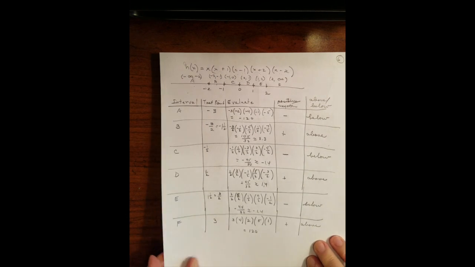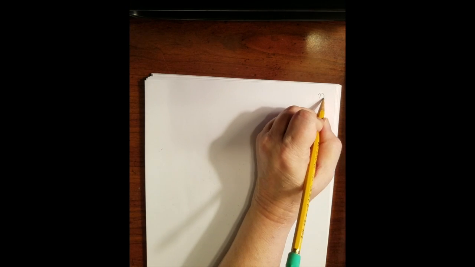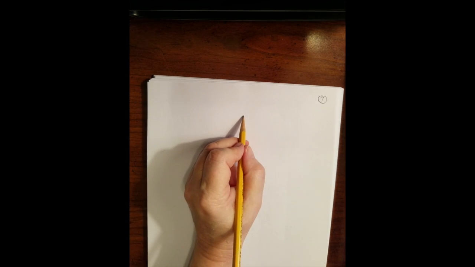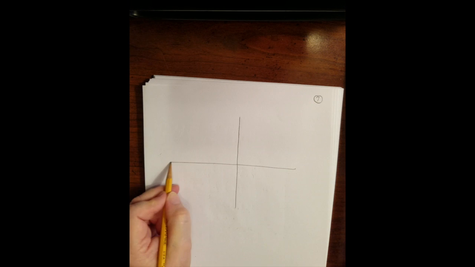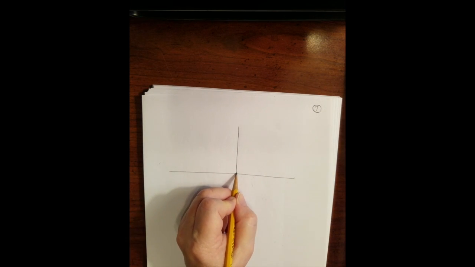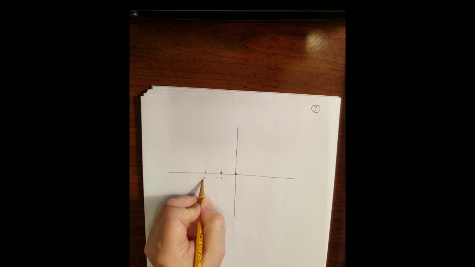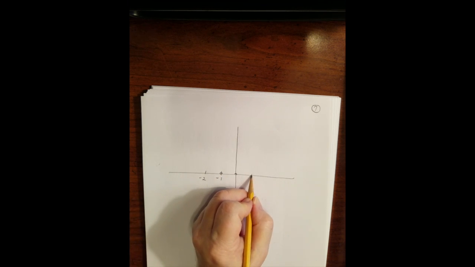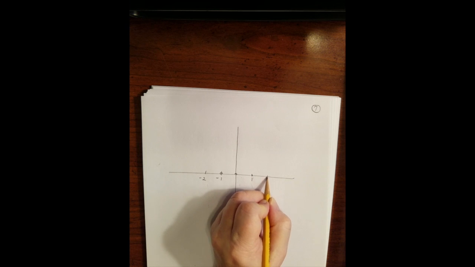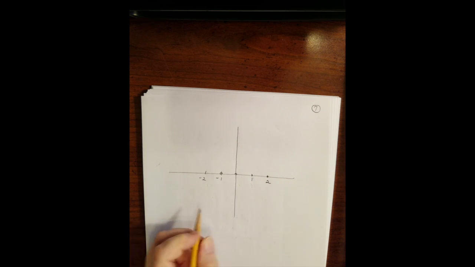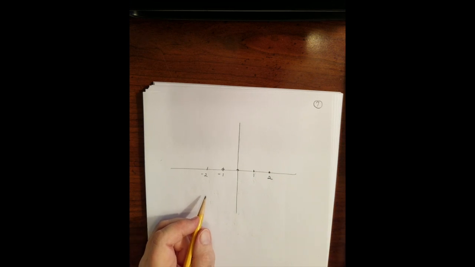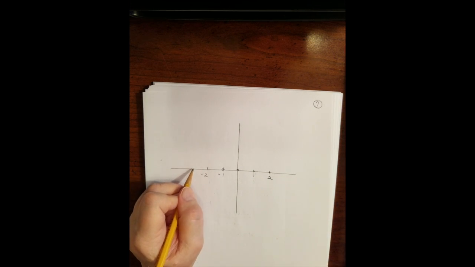Okay, so let's take a minute and graph this. And so we put our zeros on here. Negative 1, negative 2, positive 1, and positive 2. And then we can use the values that we found in each of these intervals.